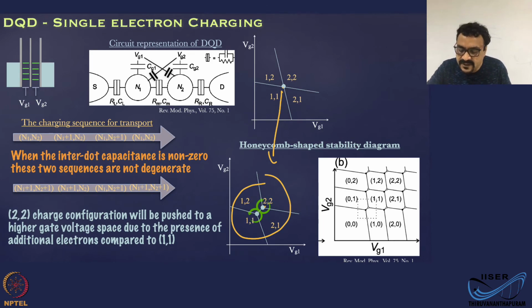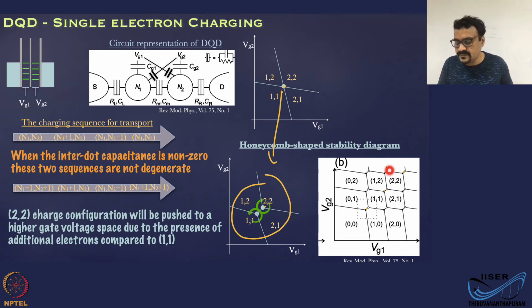Now this one, by the introduction of the interdot capacitance, each of these points now splits into two, and it's going to look like a honeycomb diagram now. So each of these points was previously one point, right? Now they split into two, and now the charge stability diagram is going to look like a honeycomb structure, something similar to this, as shown here.